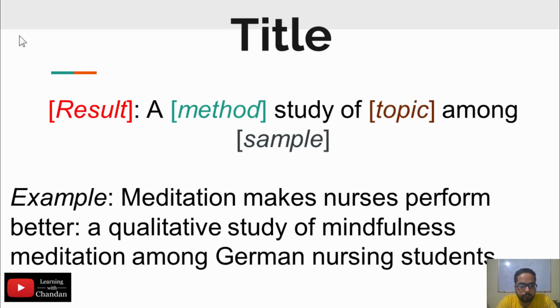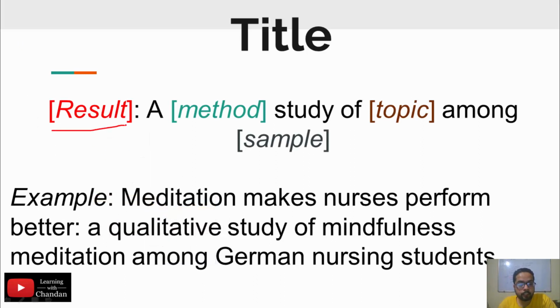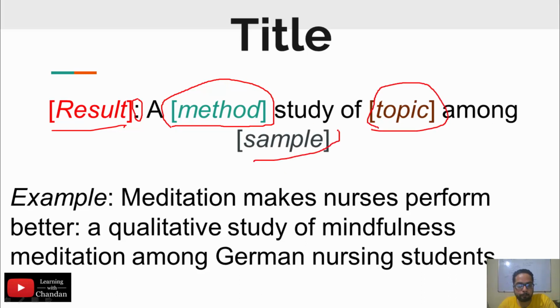Here is the thing. The result, then a hyphen or semicolon, whatever it is, then a method, where you have to name your method, then the study of your topic among your sample name.